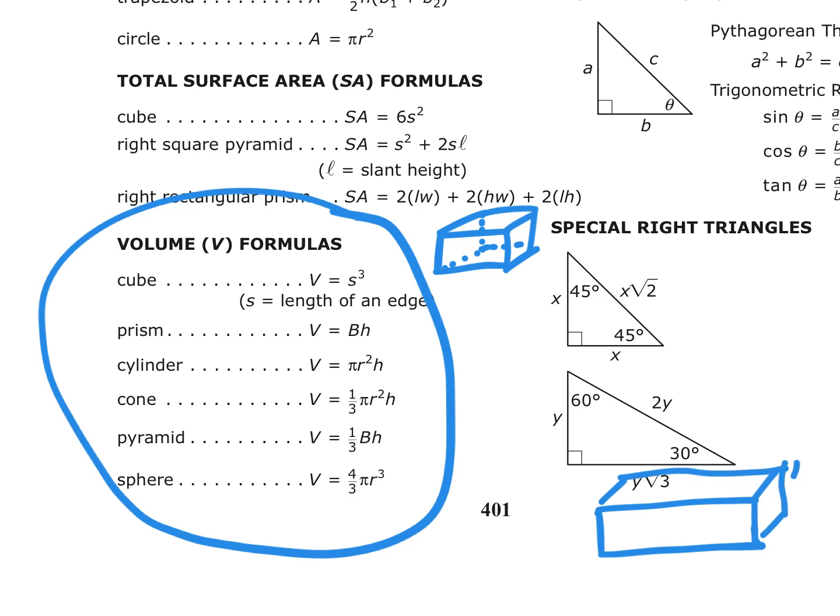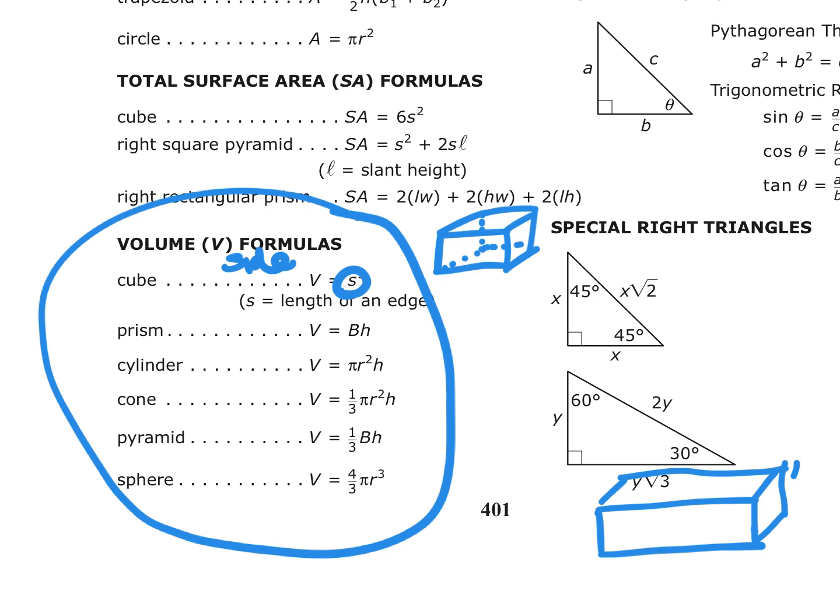It's not going to be all squares, because that's essentially what a cube is made up of, all squares. And when you see that S, that means side length. And that's because all four sides of a cube are the same. So that's why it's just S cubed.